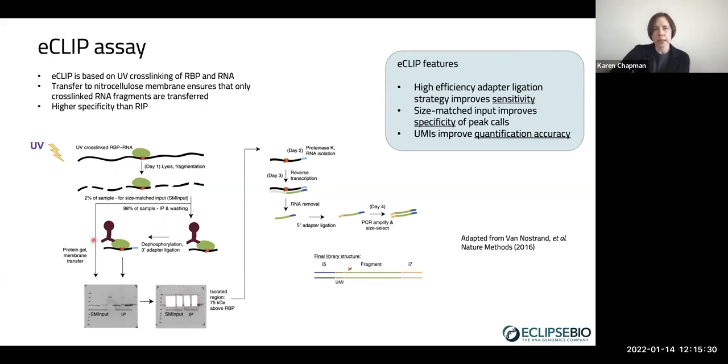At this step, there are a number of steps that increase the stringency of this assay and also add to the effectiveness of the data analysis. Basically, the antibodies are used to IP the protein, but there's also an input, which is not IP'd, that gives you the background.